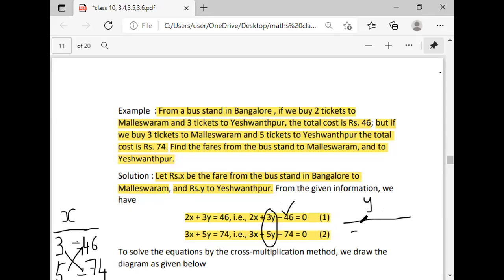So you can write minus 46, minus 74, and then you come to this side, that is 2 and 3. Clear? Again, you are cross multiplying.